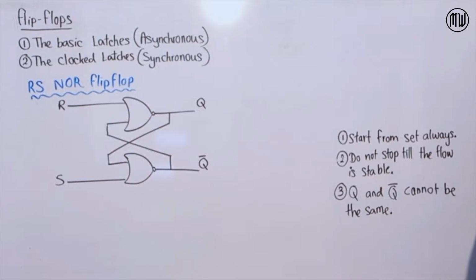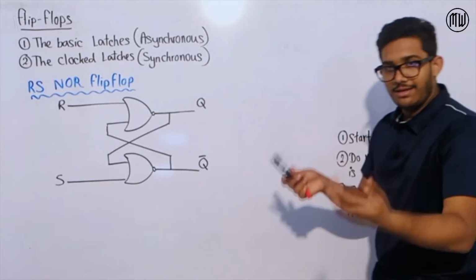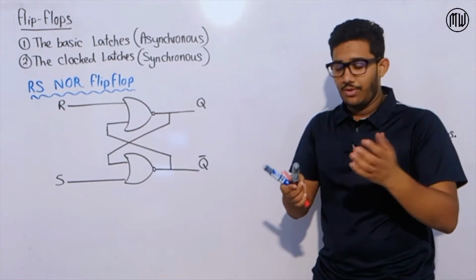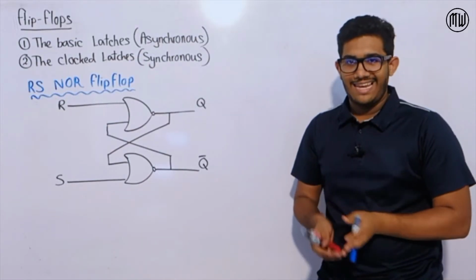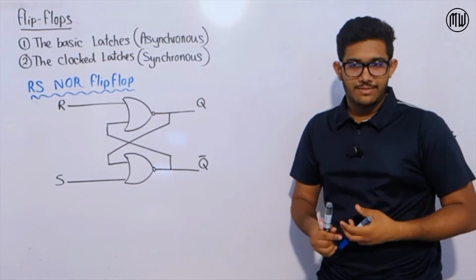All right? Cool. So again, just like before, what I'm going to do is draw the truth table for a normal NOR gate. And let's see what kind of logic we can get out of this.